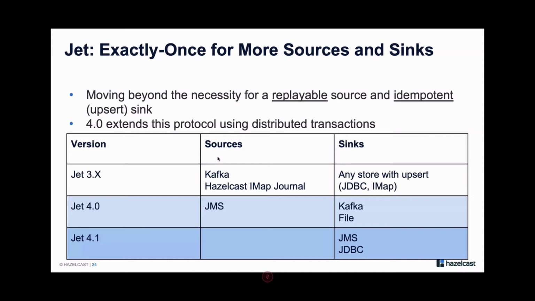And if you think about it, why would Kafka be included as a sync? Well, in one sense, Kafka is often used as an intermediary between different tasks, between different jobs. So you might read from Kafka and then write back to Kafka and then have some other process reading from that topic as well. So you definitely want Kafka to participate in this type of transaction.